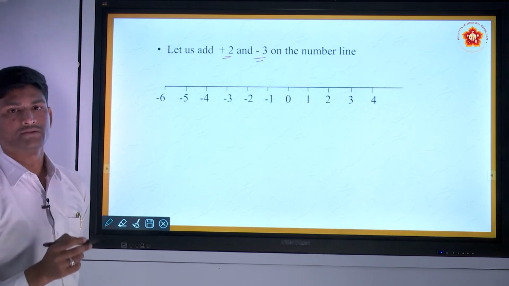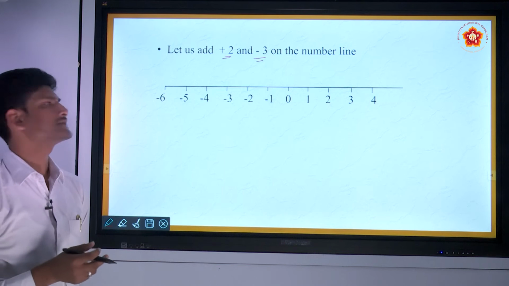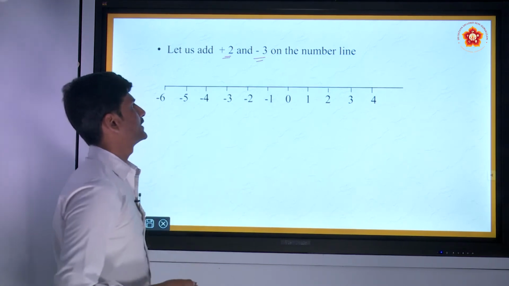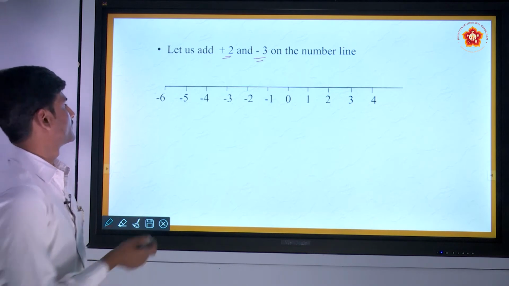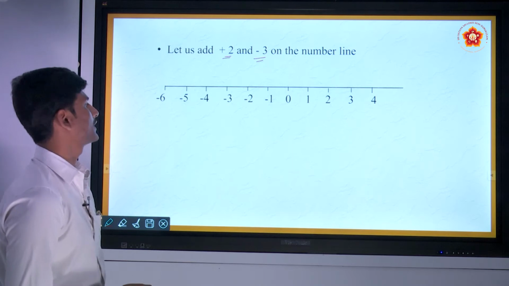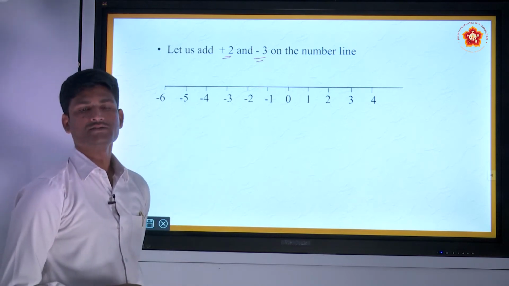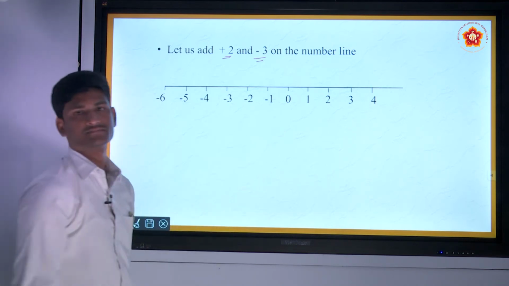The answer will be obtained by subtracting, and the answer takes the sign of the greater number, right? Here first we draw a number line, and mark integers on the number line with the same distance, right?